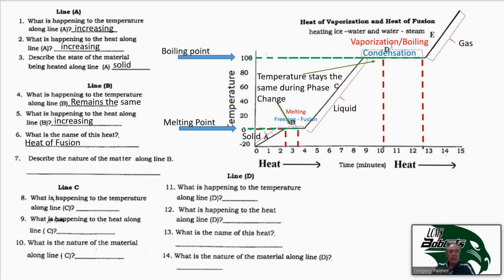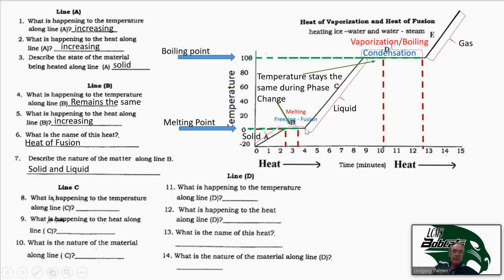So during that phase change, you have both phases. You have the previous phase and the phase that it's going to. So the nature of the material along line B would be a solid and a liquid. You still have a solid ice cube, but you also have a puddle of water around it where it's melting.